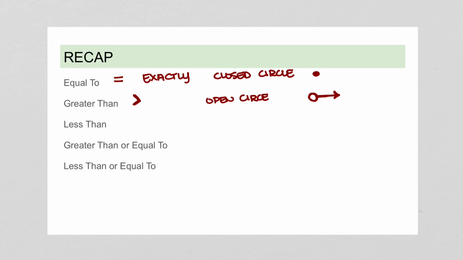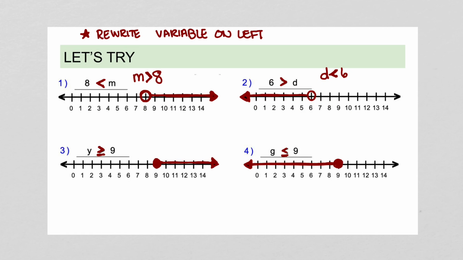And here, let's backtrack just a second. If you notice on these, when we write the variable first, and only when we write the variable first, so here m is greater than, you see it's kind of pointing to the right, and we shaded to the right. Here d was less than, it was pointing to the left, and we shaded to the left. Y is greater than or equal to, points to the right, we shade to the right.